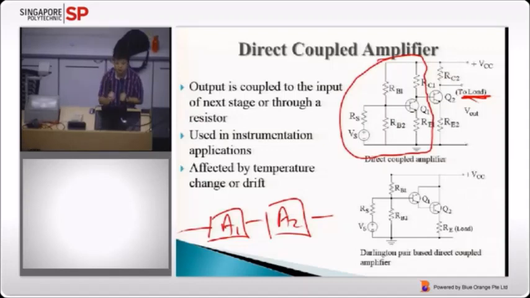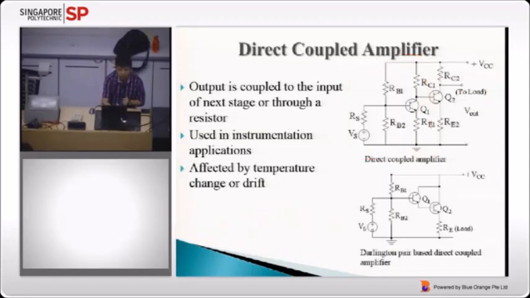Why do we call it direct coupled? Can you see the part linking your first stage and your second stage? There's nothing in between. It's just a direct connection. There are no components in between the connections.